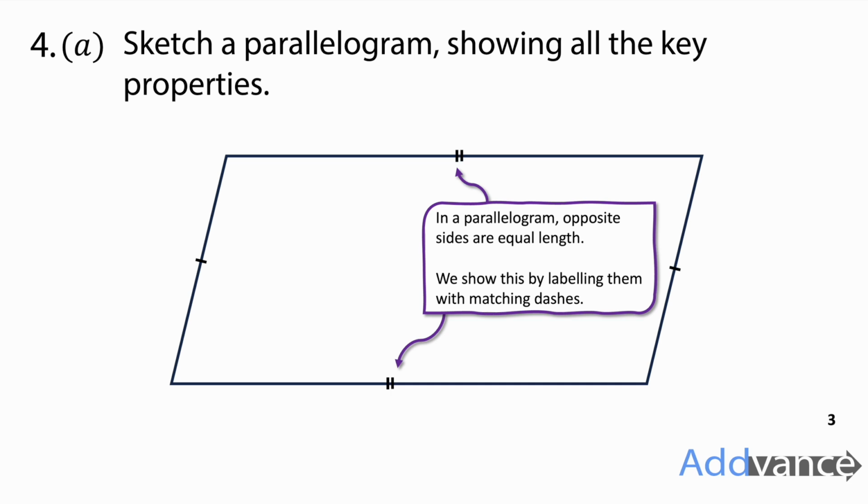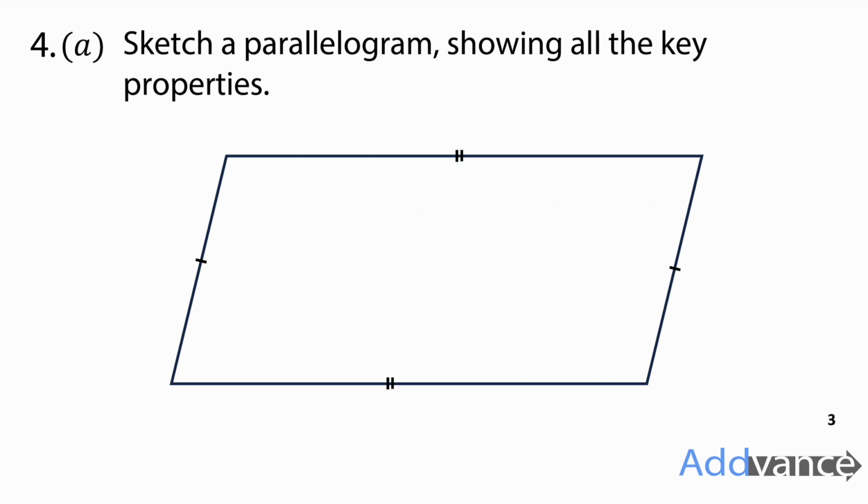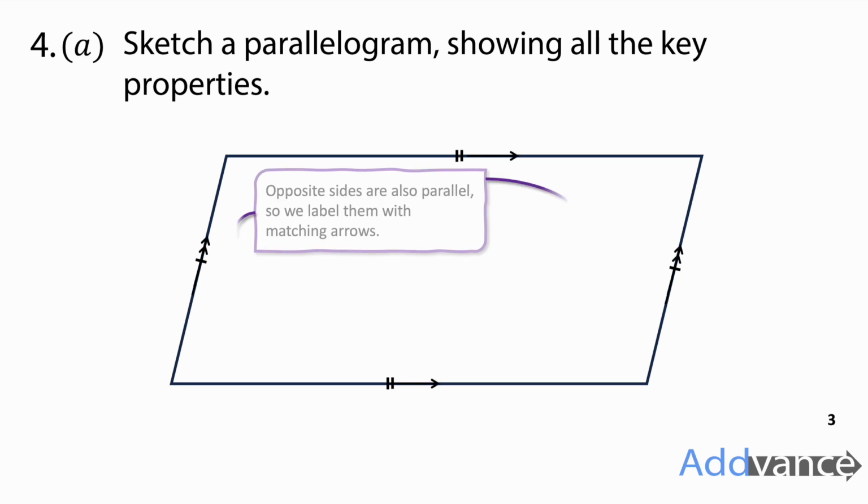Notice at the top and bottom there are 2 dashes, each side has 1 dash. The reason for that is because we want opposite sides to be shown to be the same length. Now we'll show that opposite sides are parallel, and we'll draw matching arrows on the opposite sides. Double arrows on the sides, single arrows on top and bottom.